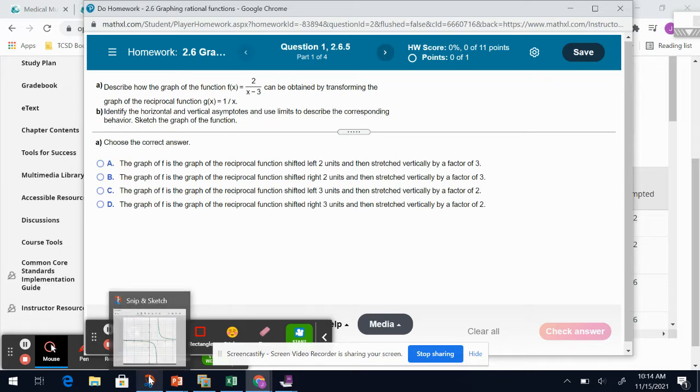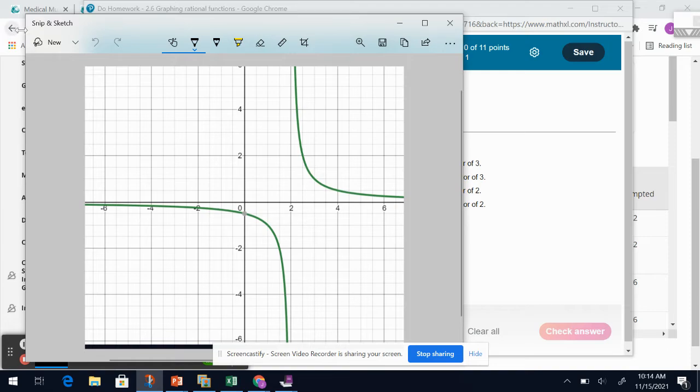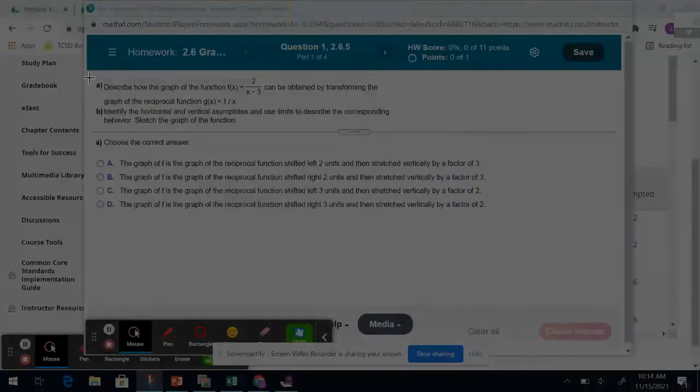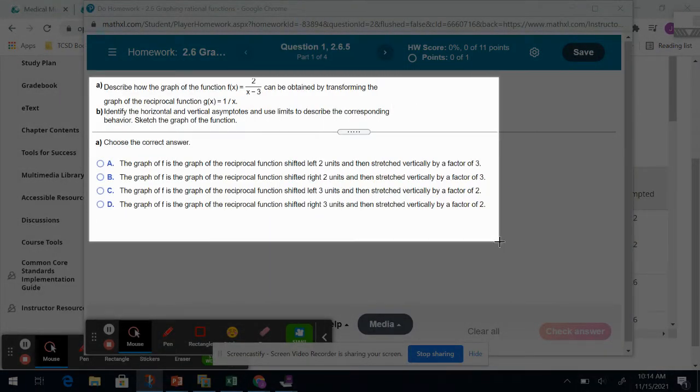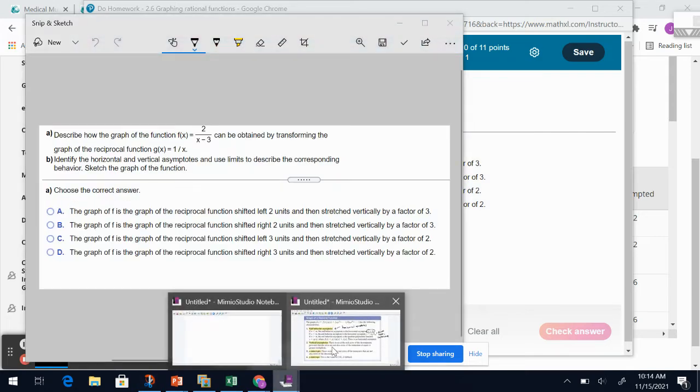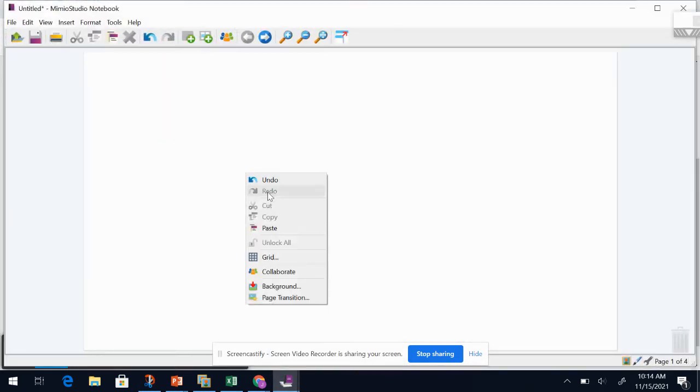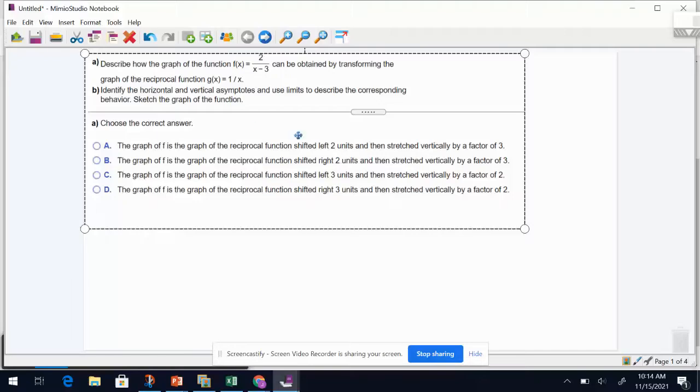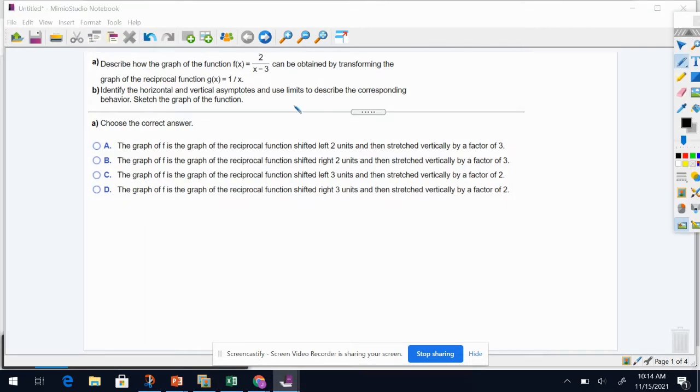If I take a look at this problem right here, I'm just going to copy this and put it into this real quick so we can look at what it's asking. You should be able to graph this, okay? But you don't need to. What's the vertical asymptote here?